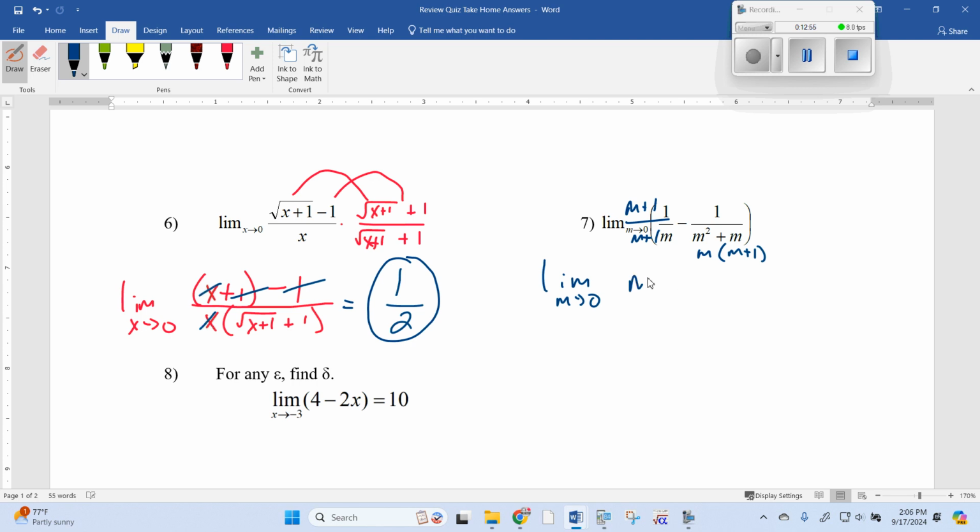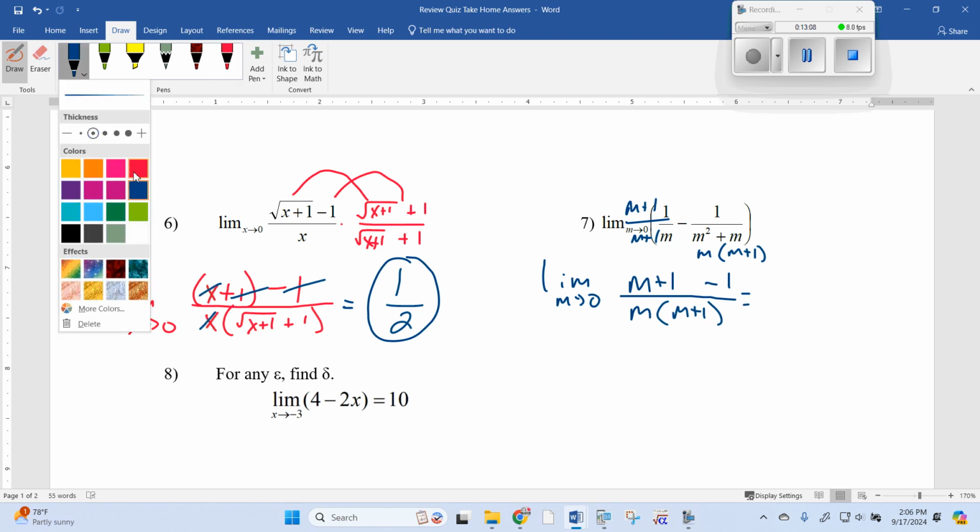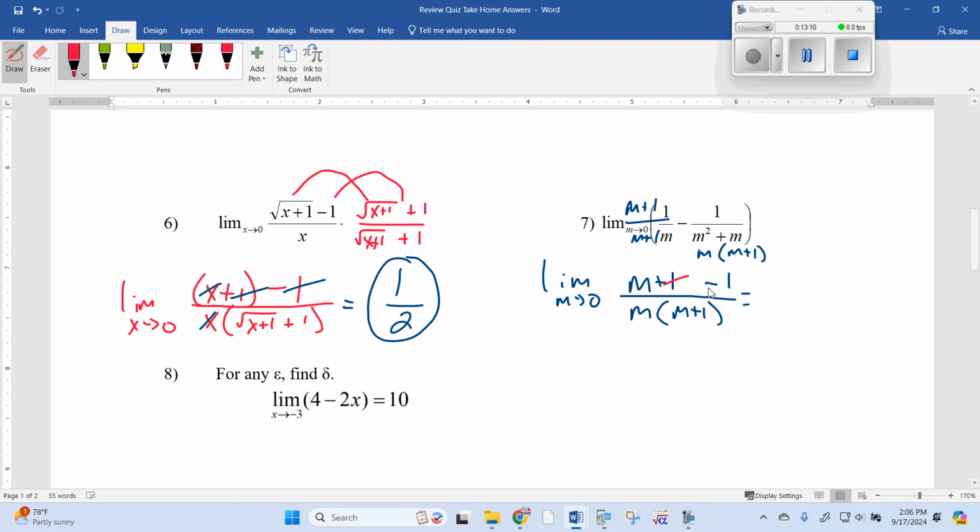So that gives me m plus 1 minus 1 on the top, m times m plus 1 on the bottom. And if we just do some algebra here, we can cancel. The ones cancel, is very similar to the last one. Then all we're left with is m on the top and bottom, and that cancels. We plug in 0, and we get 1 over 1, which is 1.